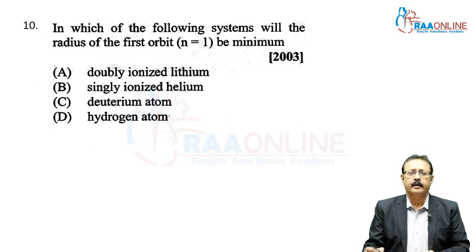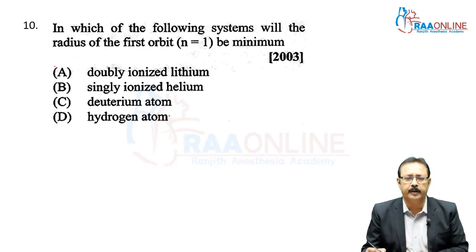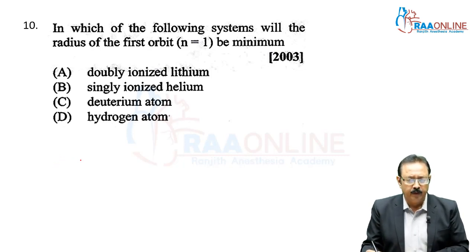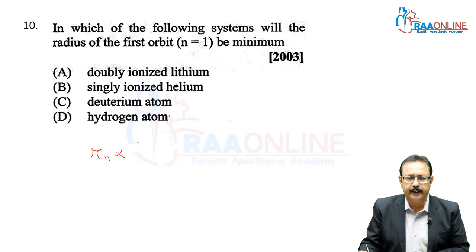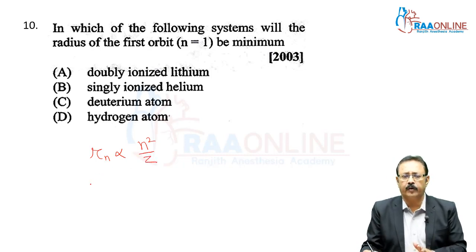10th. In which of the following systems will the radius of the first orbit be minimum? It is from 2003 AIPMT. We know that Rn, the radius of the nth orbit, is proportional to n square upon z. n is the same for all atoms. They are saying n is equal to 1.